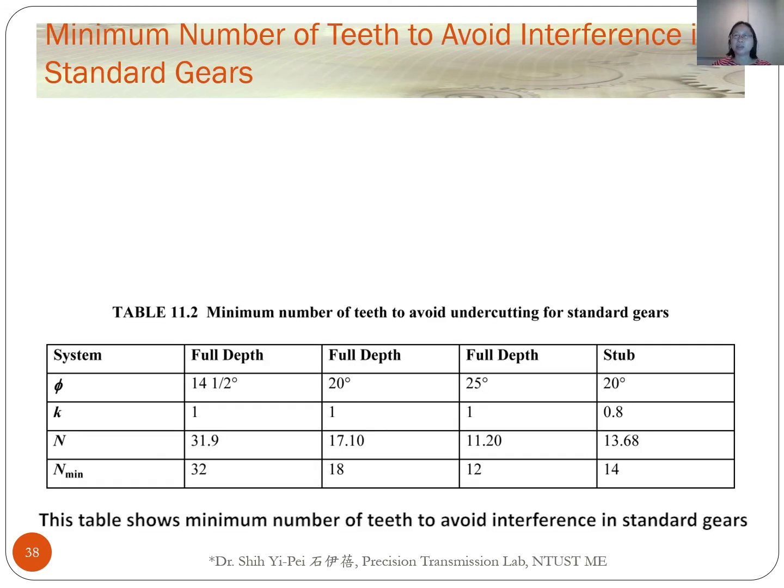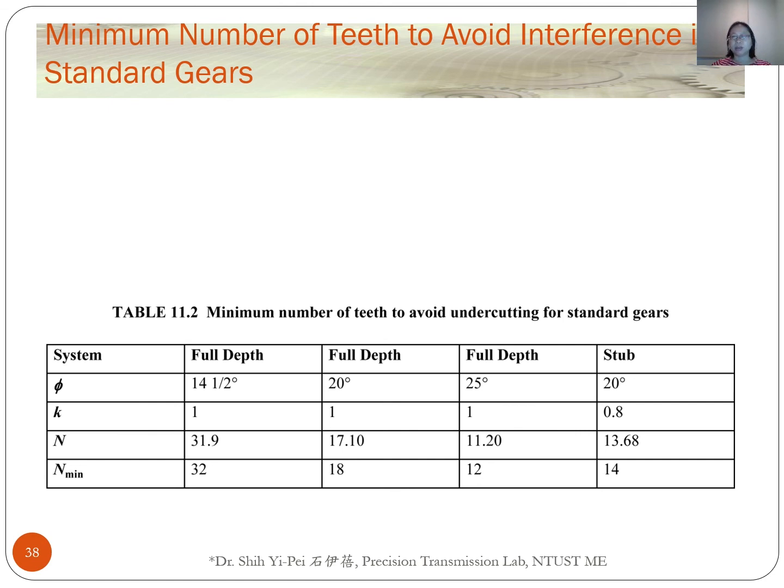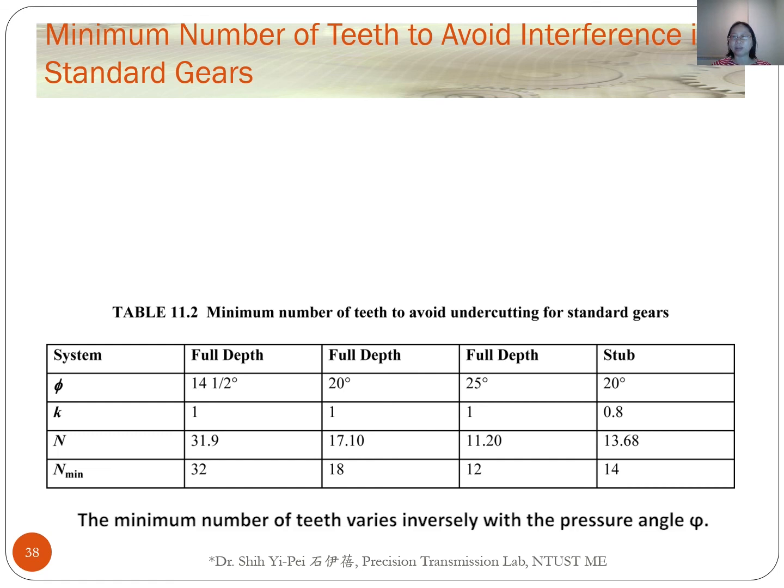This table shows the minimal number of teeth to avoid interference in standard gears. The minimal number of teeth varies inversely with the pressure angle. This is one of the reasons that larger pressure angles are often used.